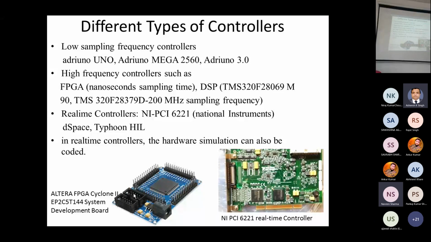Real time controllers can also generate the code for RL and motor types of load. They can also generate the codes for those components. So in a real time controller, the hardware simulation can also be coded. So we can see this FPGA controller and NI PCI 6221 controller in real time.